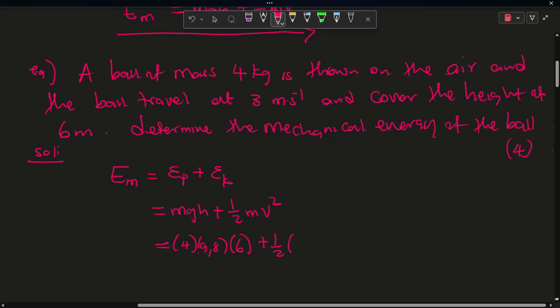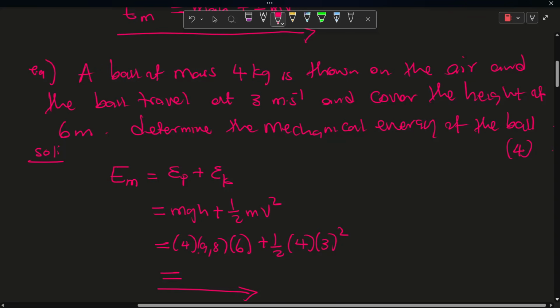1 over 2. What is the mass? You can see the mass. It's 4 kg. You see, velocity is 3 squared. Now with this information, it becomes easy for you to get the answer. So how do you get this answer? You are going to replace with 4, 9.8, and then the height is 6.